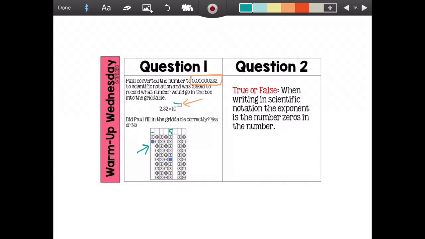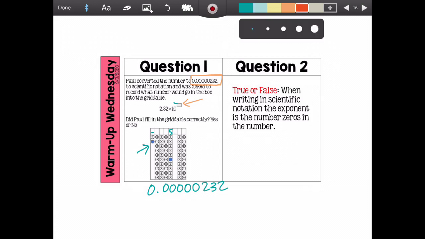So let's see if -5 is the actual exponent. I'm going to rewrite this number so it's a little more visible: 1, 2, 3, 4, 5 zeros and 2, 3, 2. Now, when we're taking a number from standard to scientific notation, we need to move this decimal however many place values it takes to get this number between 1 and 10.